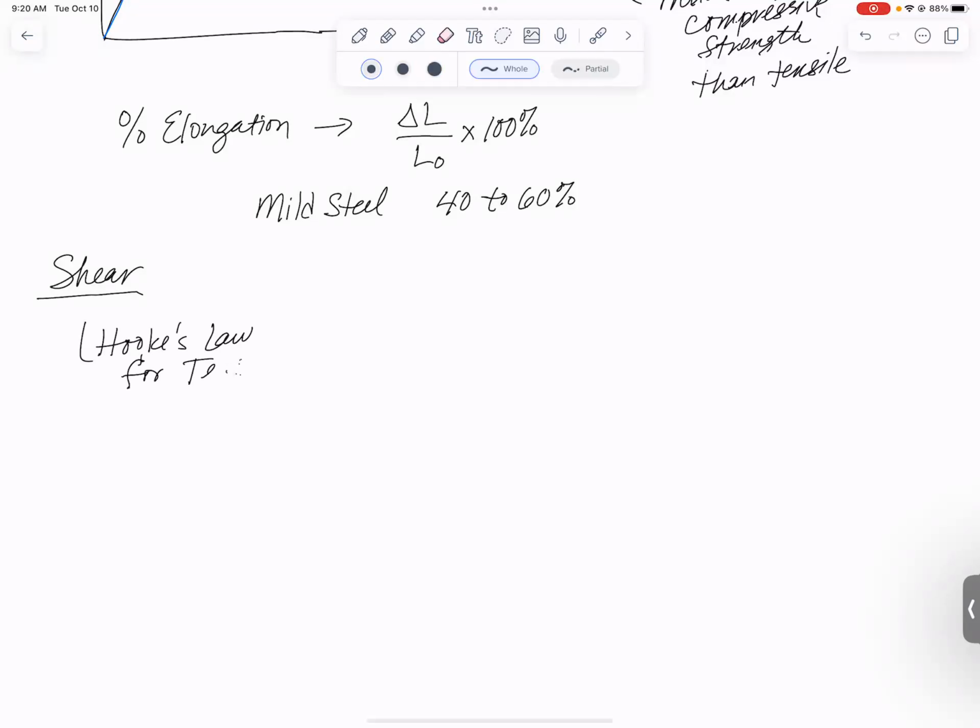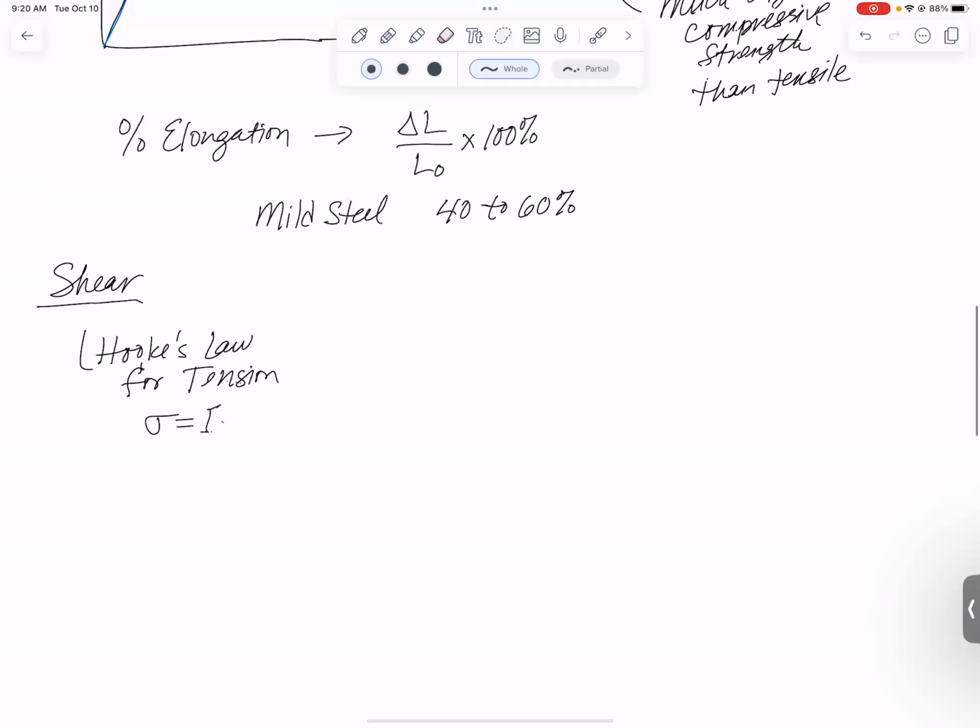Hooke's law for tension said normal stress was Young's modulus times normal strain, right?